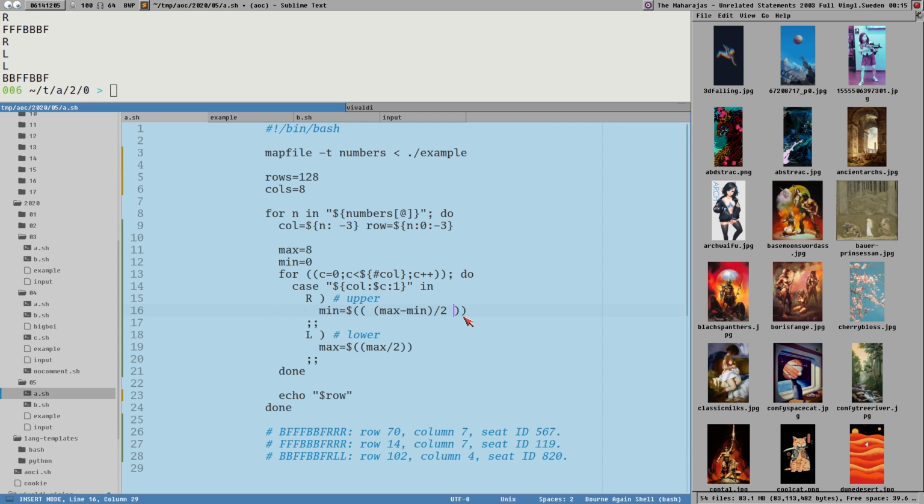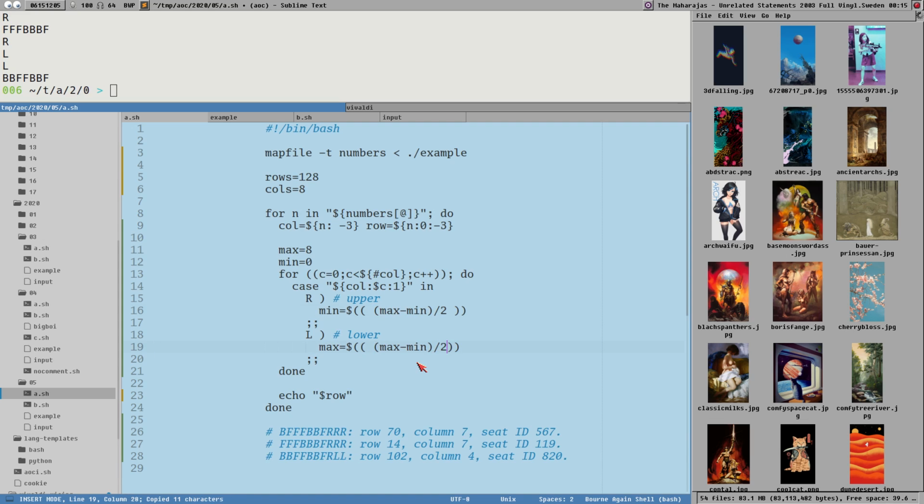Like this. If it's L, because then min will become 4. Let's just do this.